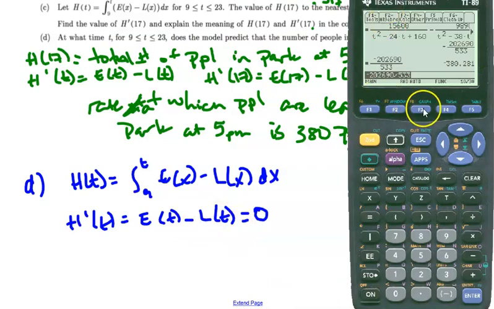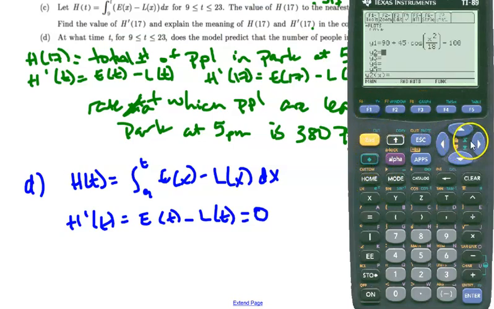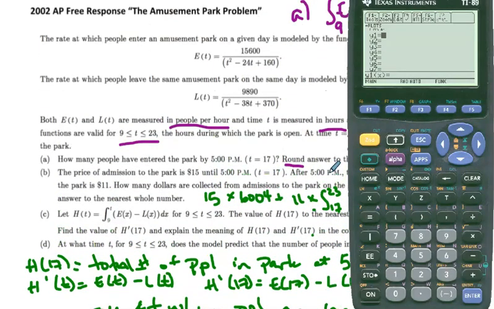So we go to our calculator, and what I'm going to do is go to my graphing screen, clear out the function I had in previously, and I want to type in my E function first, 15600 divided by, don't forget to change your t values to x values to type into your calculator, x squared minus 24x plus 160, and then hit enter.